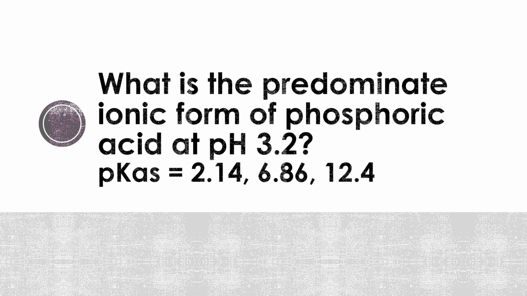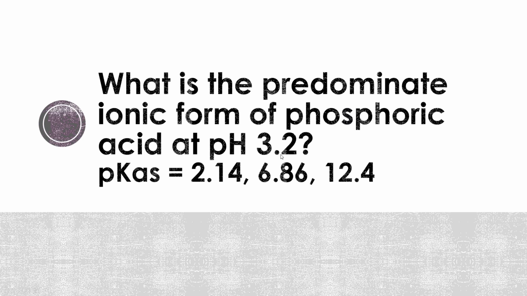What is the predominant ionic form of phosphoric acid at pH 3.2? Phosphoric acid is a triprotic acid, meaning it has 3 ionizable protons. Given in the problem are the 3 pKa's for those 3 protons that are capable of leaving the phosphoric acid based on the pH.